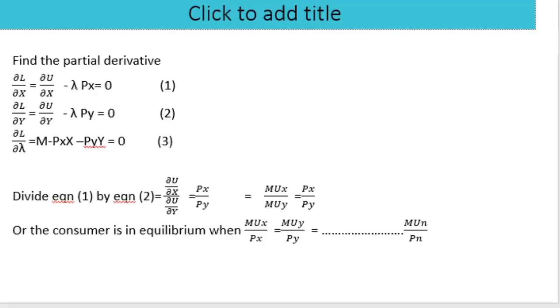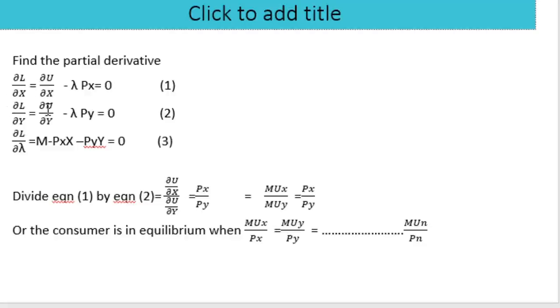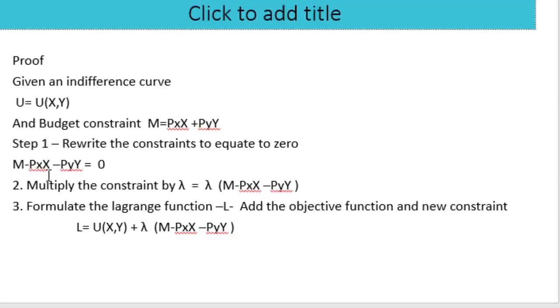That is, differentiate this function with respect to X. Here the coefficient of X is 1, therefore minus lambda Px.